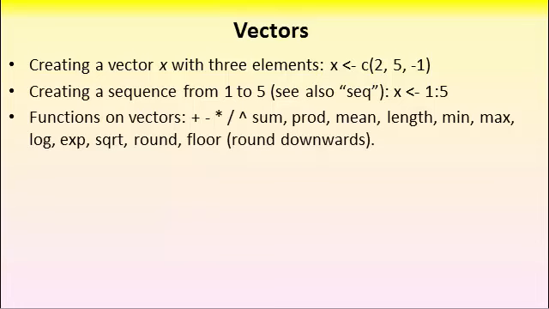Sum will sum all the elements of the vector. Prod will take the product of all the elements. Mean, the average. Length will return how many elements the vector has. The min and the max. The natural logarithm. The exponential function. The square root. Round will round to the nearest integer, while floor will round downwards.